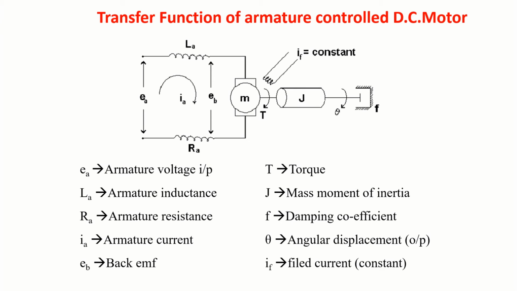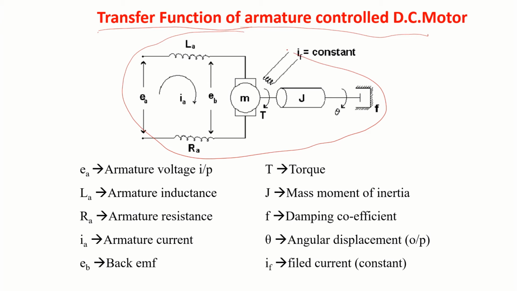Now let us try the transfer function of an armature controlled DC motor. These armature DC motors, servo motors, are very useful in control applications, so it is better to learn how to model them. In the motor you will have an armature and a field. Here I am keeping the field current constant, so only the armature current is varying.